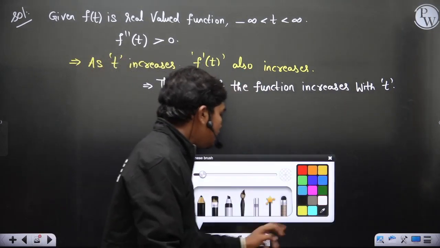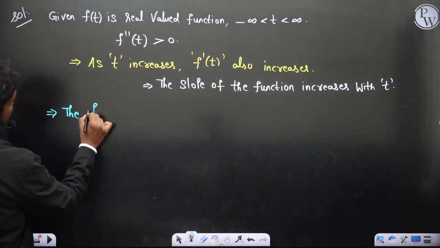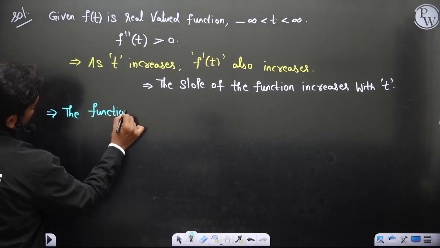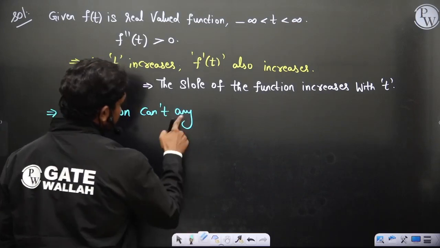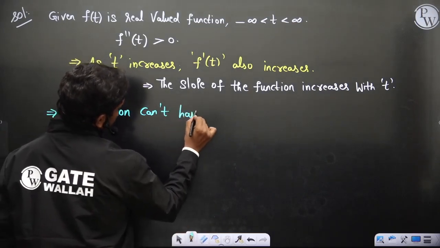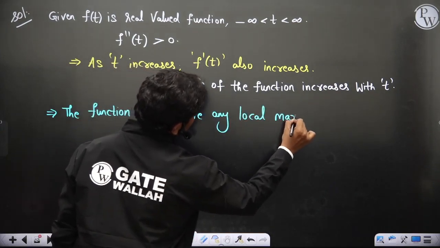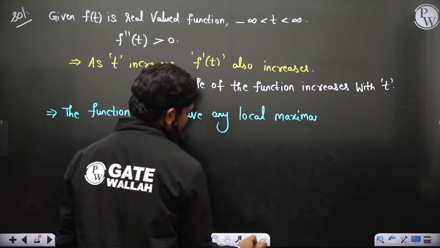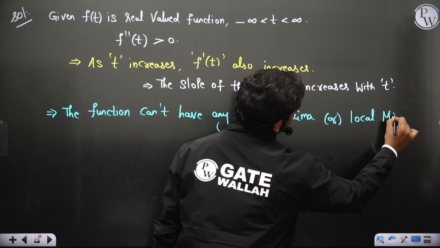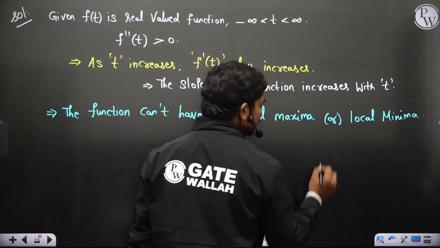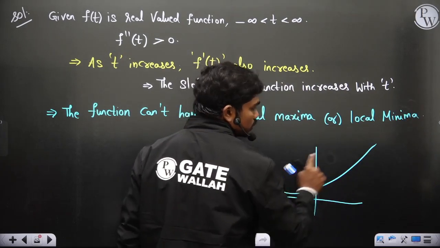So the function cannot have any local maxima or local minima, because, for example, if you take the e power x function, which is continuously increasing, it does not have a local maxima or local minima, right?